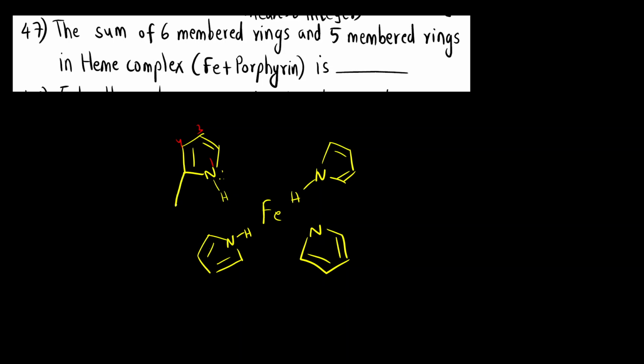In between you have to add one carbon like this, just like a bridge. Remember, only the carbon next to nitrogen should be joined. And this will form the coordinate bond like this.